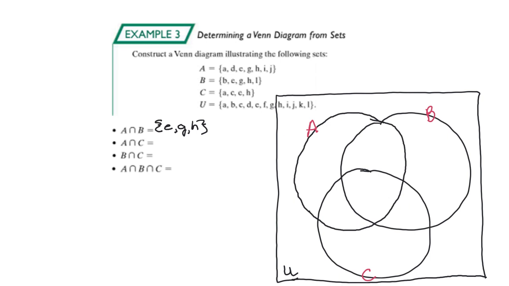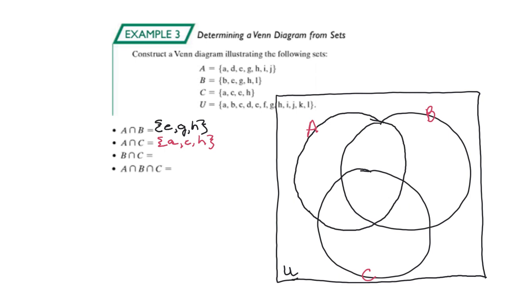Next, we're looking at A intersect C. If you look at set A and set C, what they have in common is A, E, and H. Let me confirm that: A, E, and H in common.